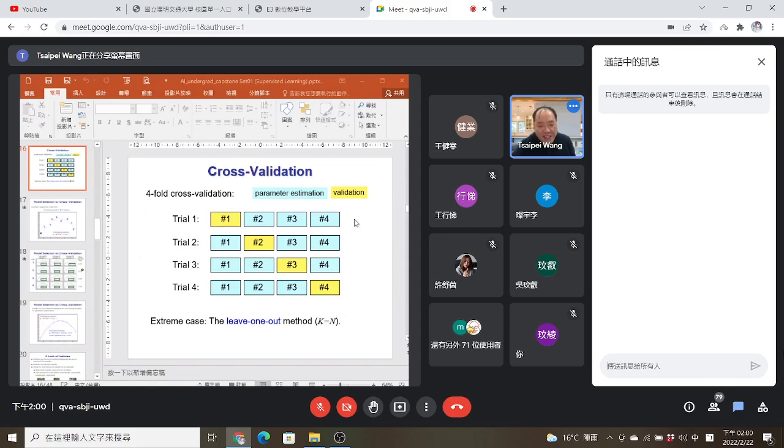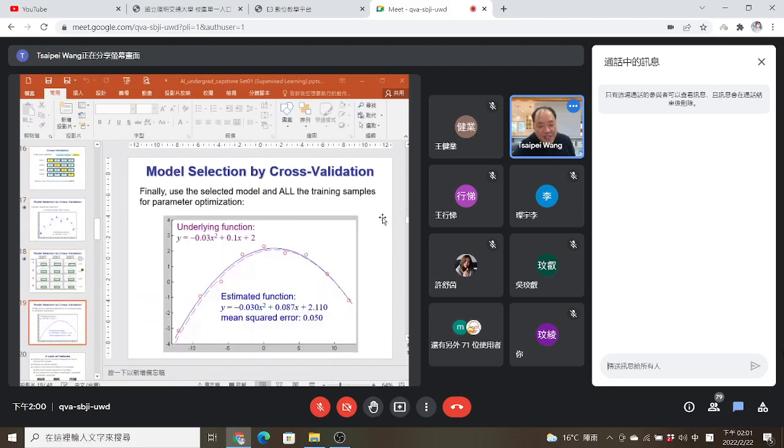You don't choose one of these. This just lets you choose the hyperparameter, and then you use that hyperparameter and all your training samples to train a new model. That one should be used during the testing process. That's cross validation.